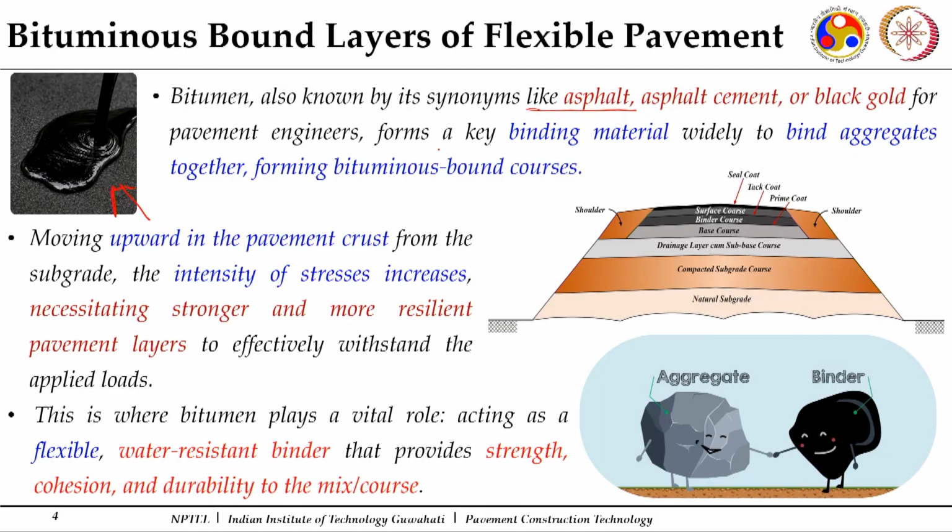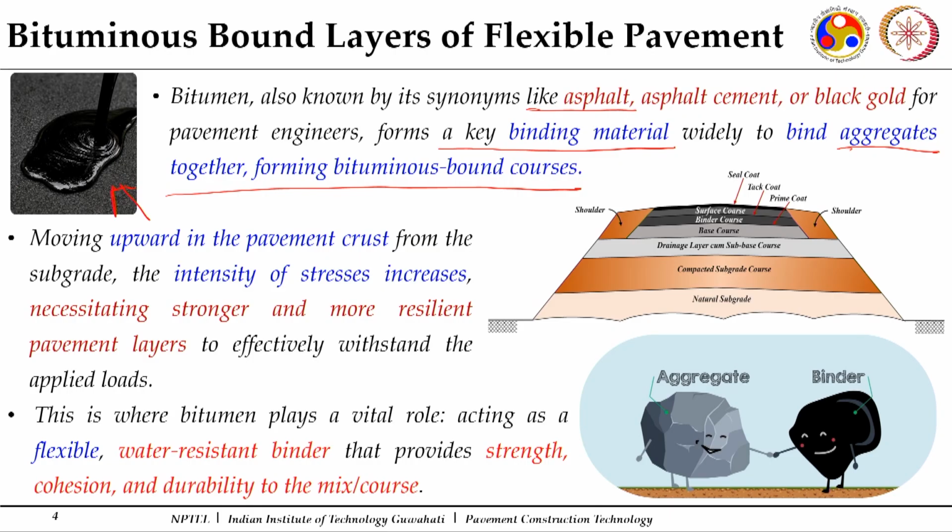And it forms a key binding material, since the bounded layers which we are going to make and which will be used in the top courses of flexible pavements use bitumen as the binding material. When you use this bitumen along with the aggregates to form a mix, this becomes a bituminous bound mix, or we can say a bituminous bound course.